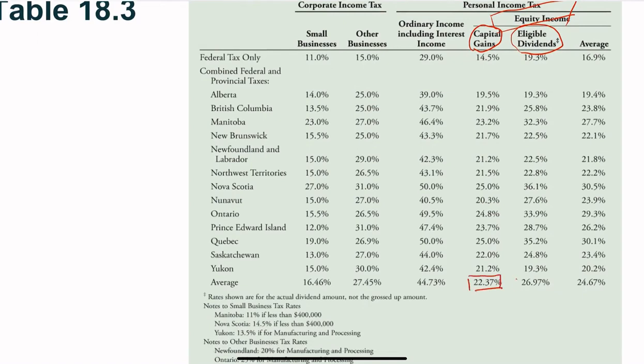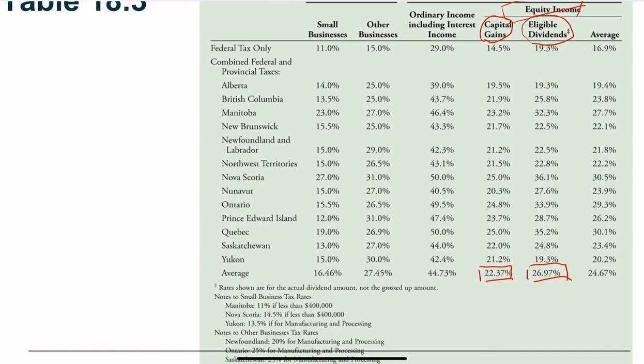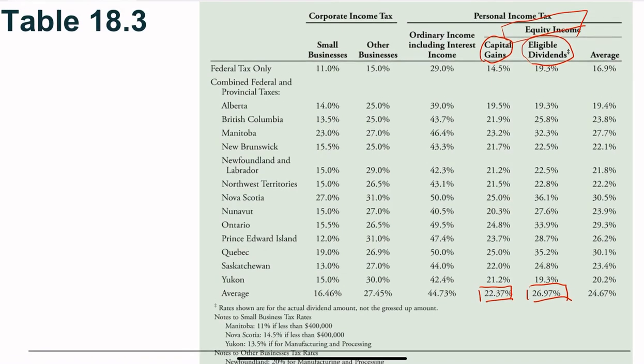In Canada, the average capital gain tax rate for the highest income earner is about 22.37%. But the dividend tax rate is 26.97%. So you can see that there is about a 4.6% difference.